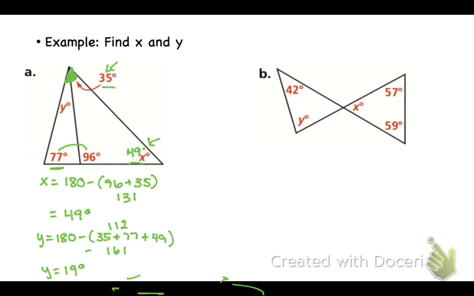Okay, what about B? What do you want to find first? X. Okay, so you guys find X. Did you get 64?